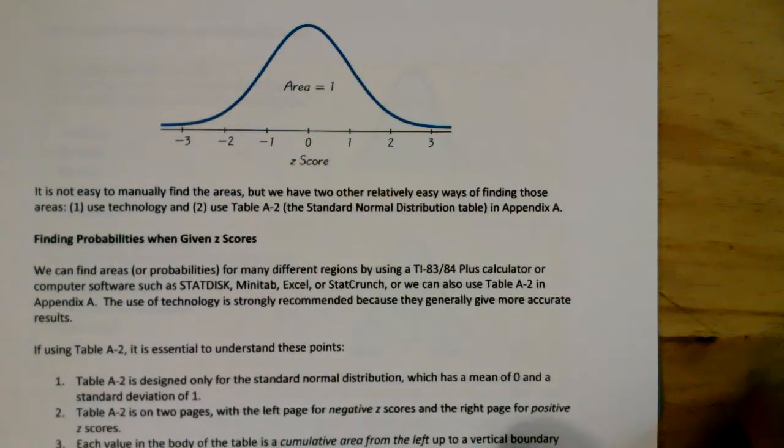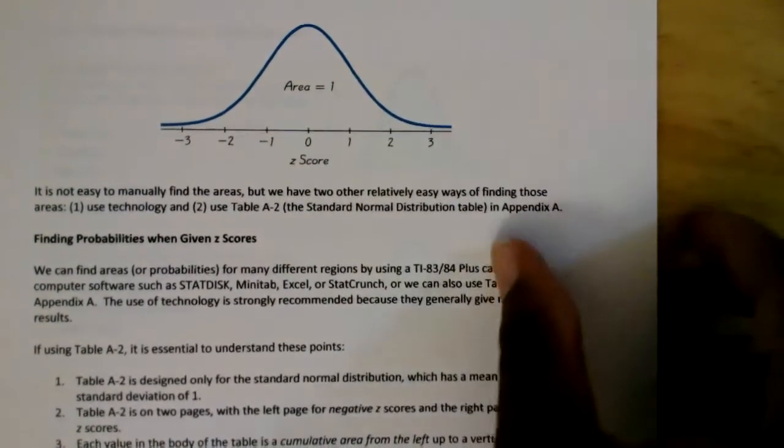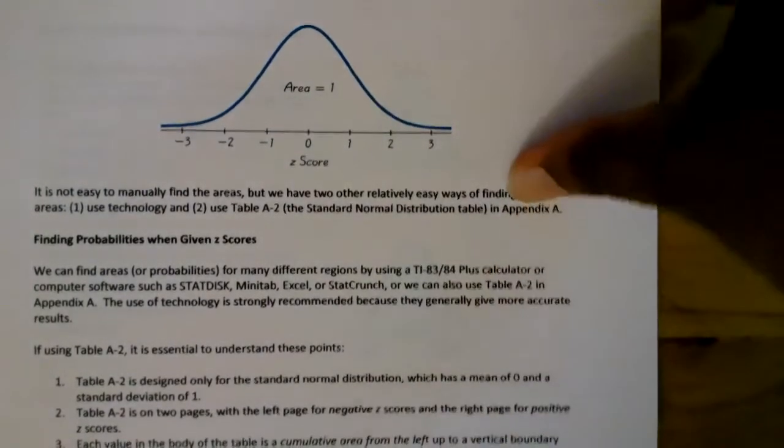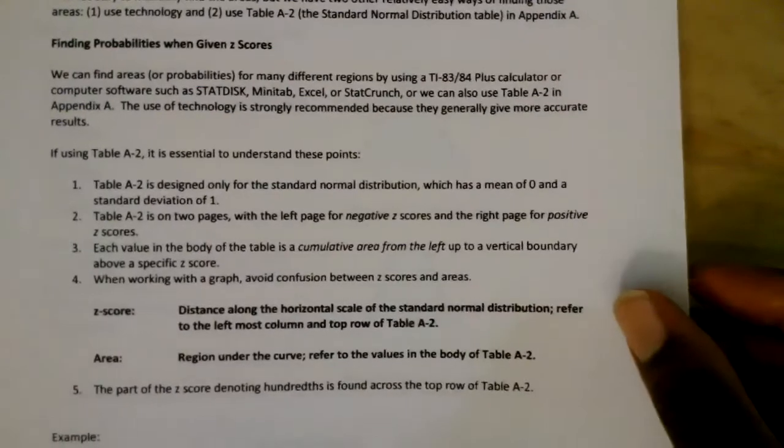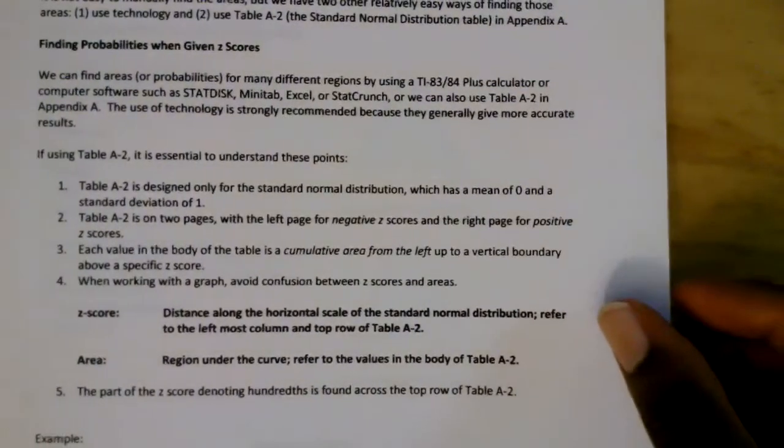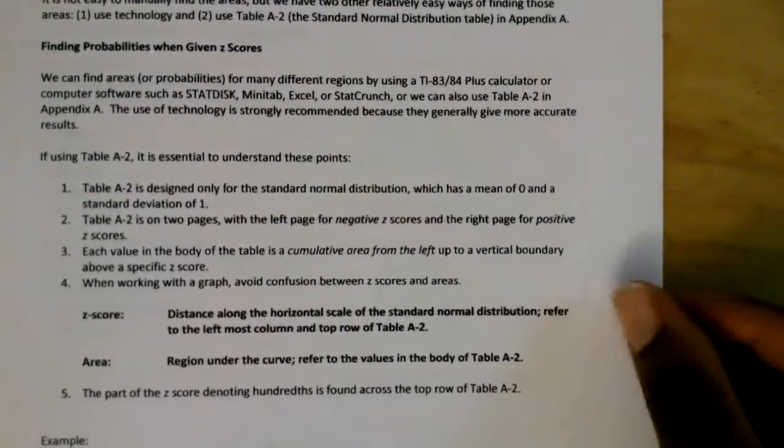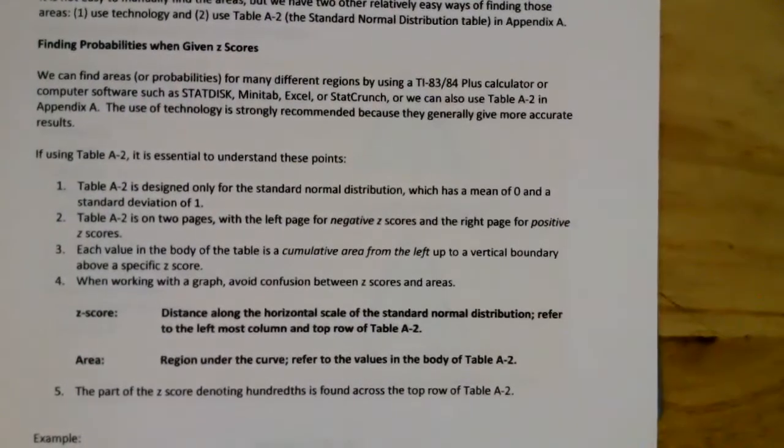And here is how we find the probabilities when given z-scores. Because you will be given z-scores and you want to find their corresponding probabilities.